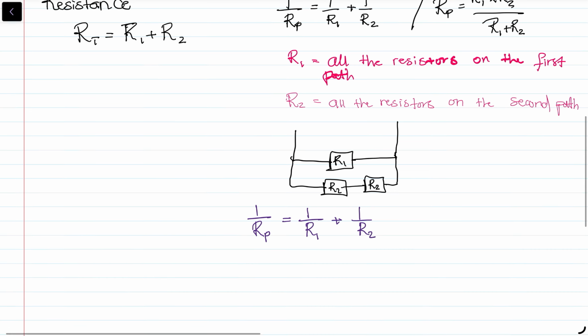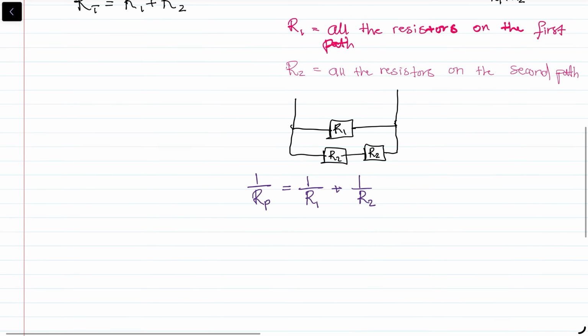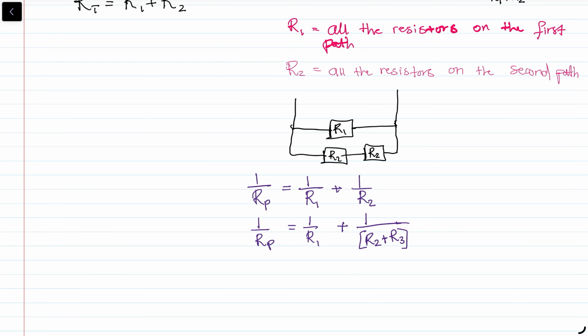But remember, for substitution, R1 is all the resistors on the first path. It's only R1, so it's going to be 1 over R1. 1 over R parallel is equal to 1 over R1 plus the second one, which will be 1 over R2 plus R3, because they are both on the same path.